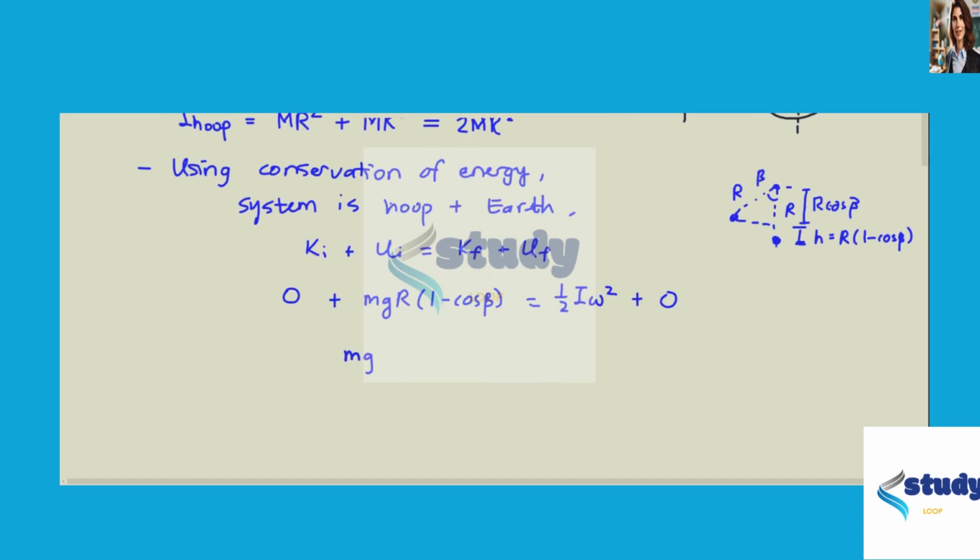So Mgr, or big M, better to use big M, times (1 minus cosine beta) is equal to half times 2mr square omega square. The 2 cancels out, the m cancels out, one of the r cancels out.